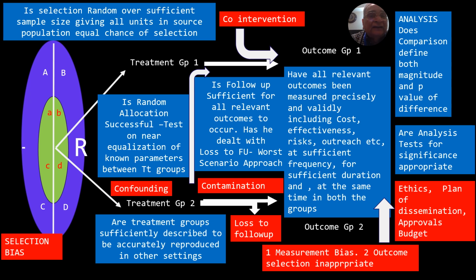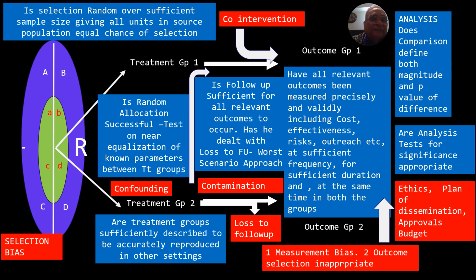So if you divide it into the 2 by 2 table, exposed good results, exposed not good results, unexposed good results, unexposed not good results, these big A, B, C and D, then if your sample population has been randomly selected over sufficient sample size, then a will be representative of capital A, b of capital B, c of capital C and d of capital D. So if this situation doesn't exist, then there is a selection bias, because random selection over a sufficient sample size is the only way to give all units of this blue population an equal probability of being selected in the study population.